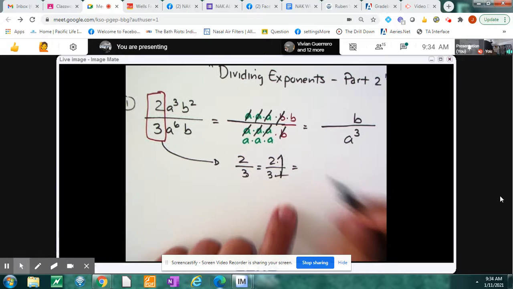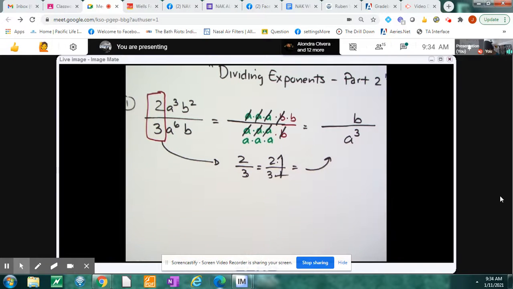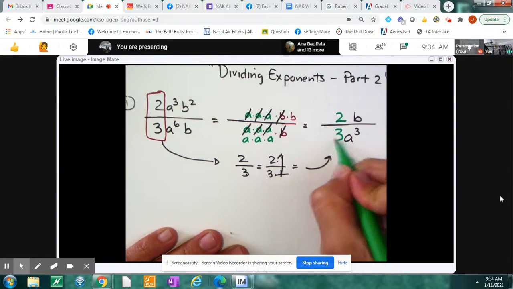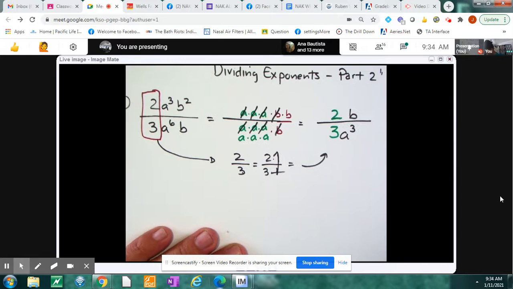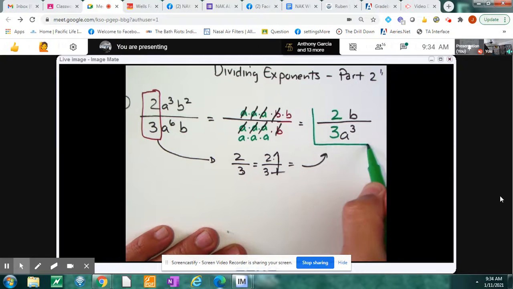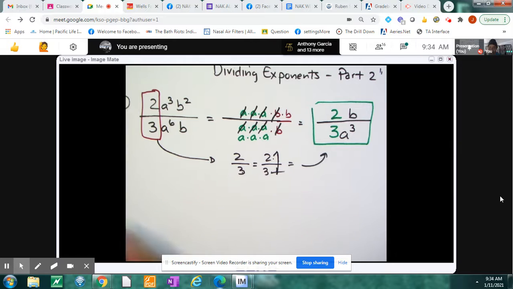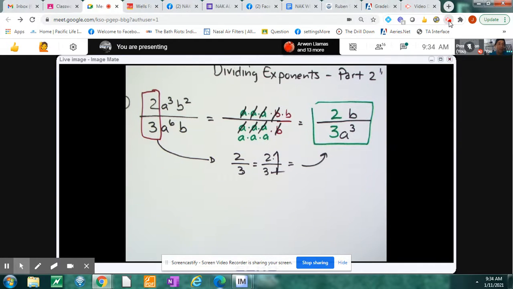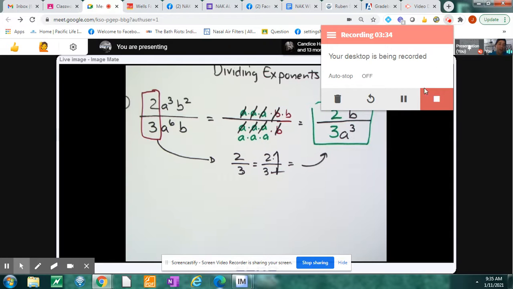So then all you have to do is put it back where it belongs. 2 over 3. And there's your answer. That's it. That's all we're doing. It's pretty easy. We'll do some that you can't simplify, and we'll do some where you can simplify.